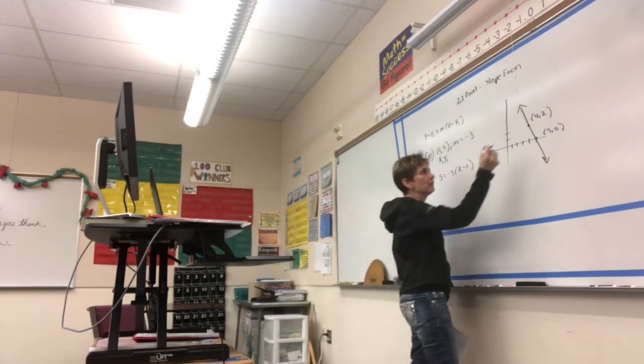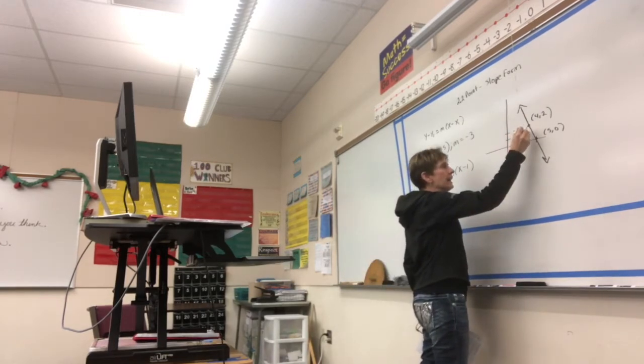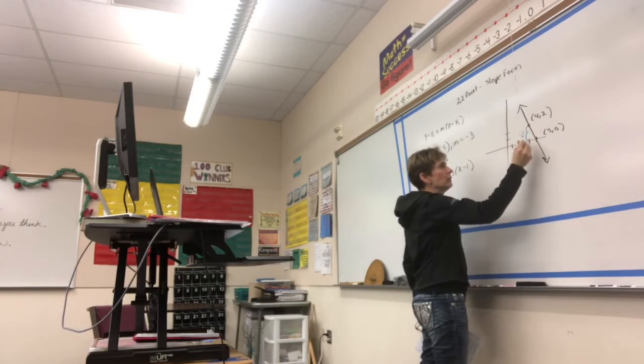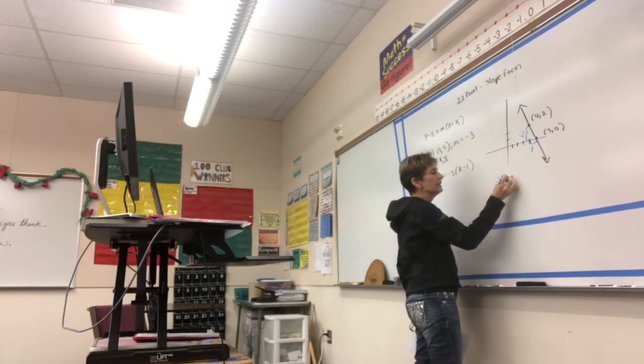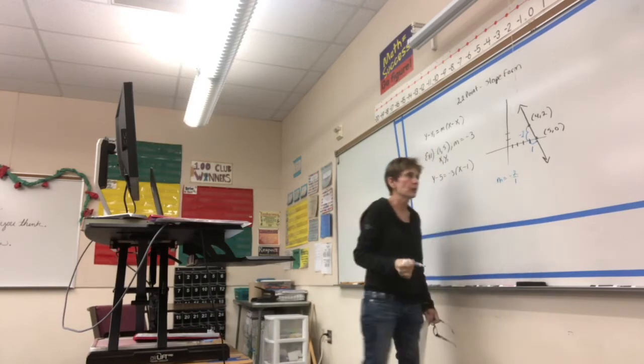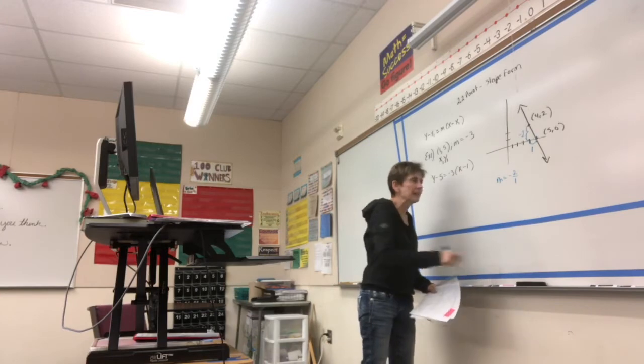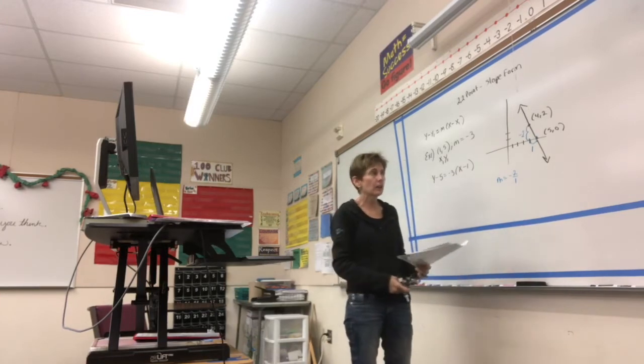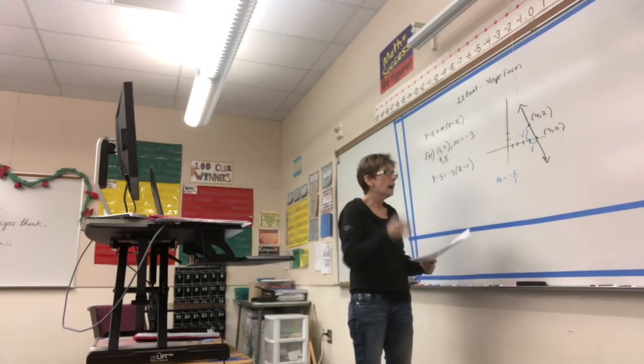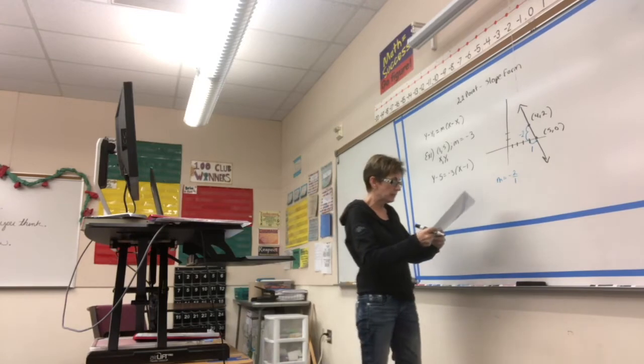If I start at (4, 2), I can see that I have to go down 2 and then over to the right 1. So my slope is -2 over 1. And then the interesting thing is I can pick either point and get a correct equation of the line. I think I'll just pick (4, 2).